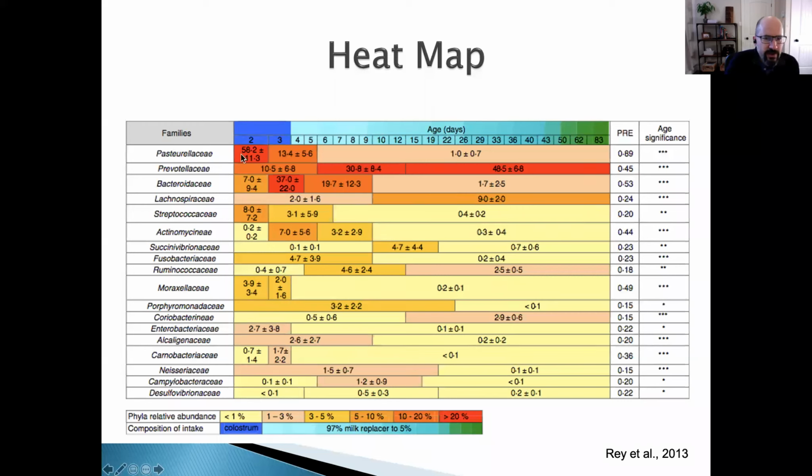In this family, you can see that they have a very high relative abundance at this point because it's red. But if you move along, you can see it starts to decrease. So it's a heat map where you can see differences over time in the composition of the rumen microbiota of calves. Good.